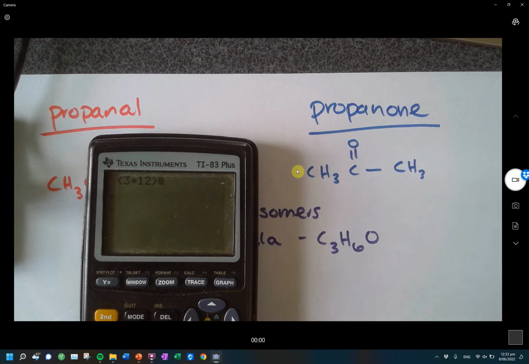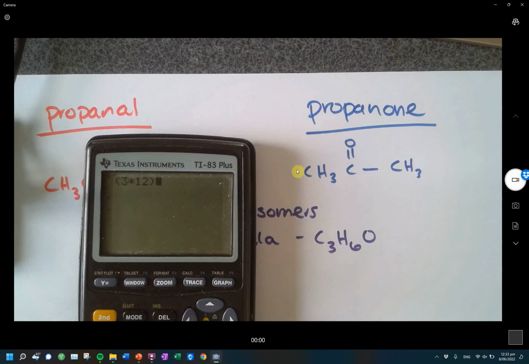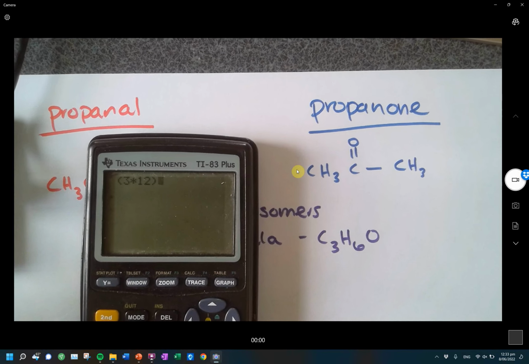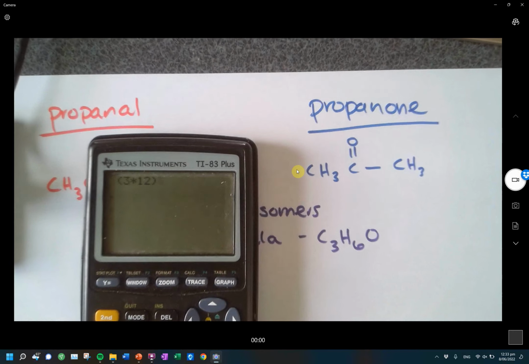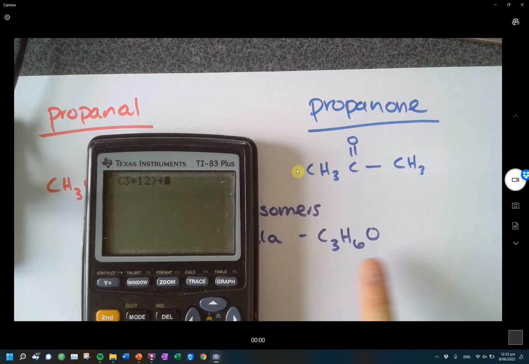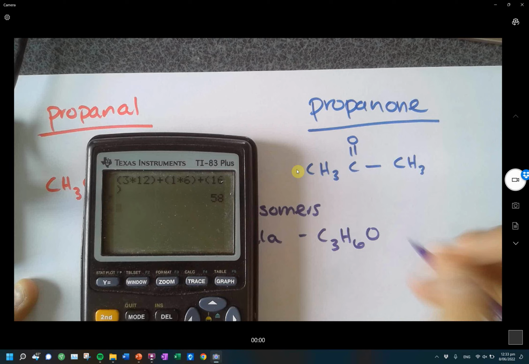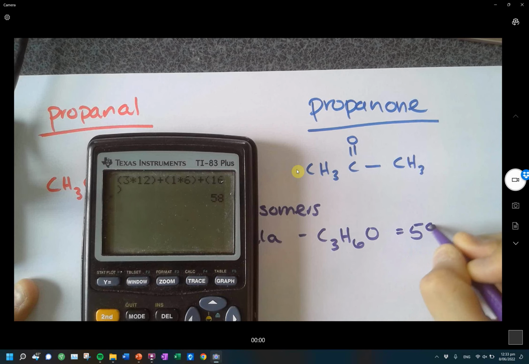Can you guys see that in the calculator? Is that better? See the calculator? Hydrogen is 1, and I have 6 of those, and then oxygen is 16, and we only have 1 of those. So the total mass for this formula is 58.